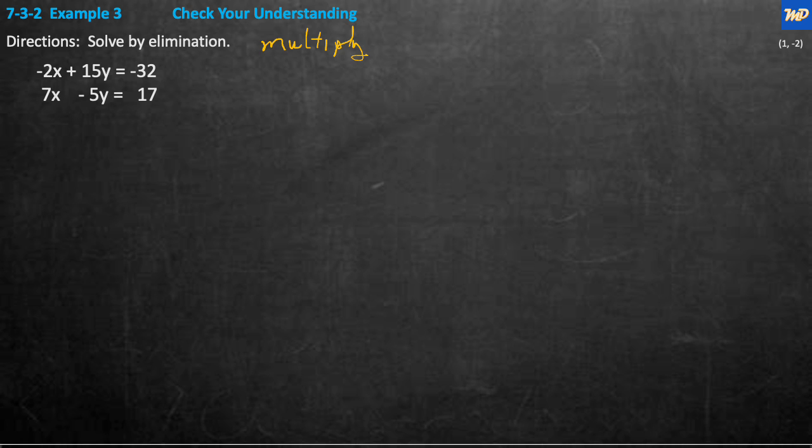Okay, so let's multiply. We're going to start with our system here, and we're going to multiply the lower equation by 3. I'm just going to say 3 times this entire thing, and what is that equal to?